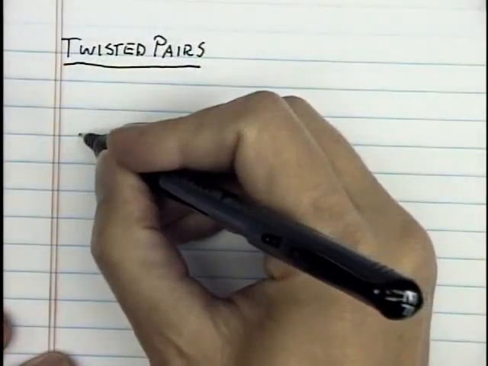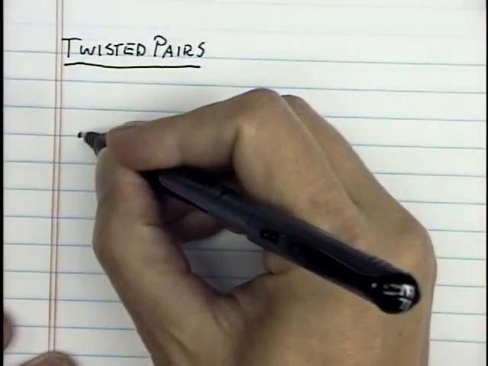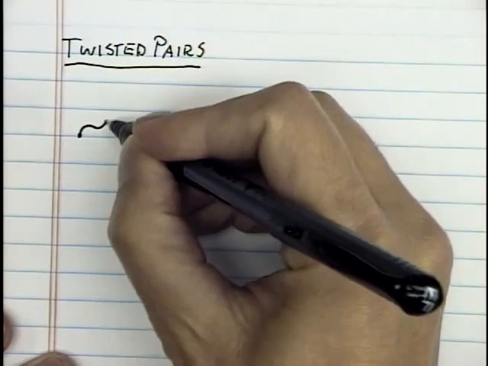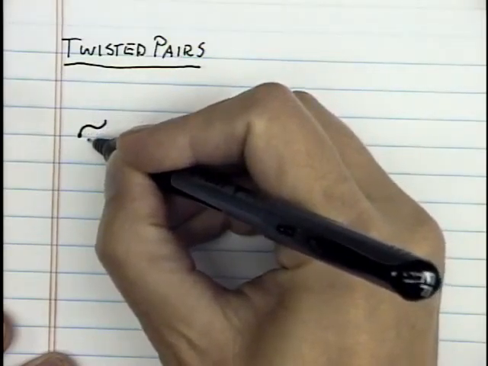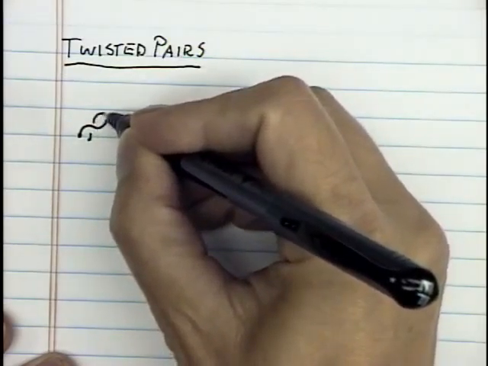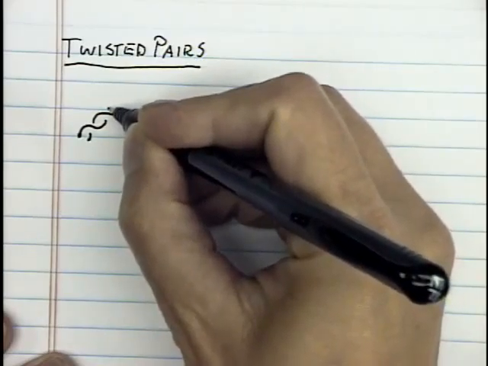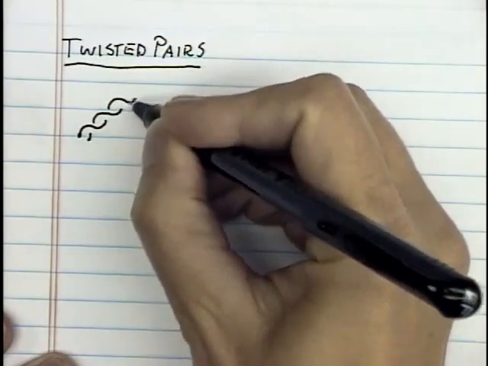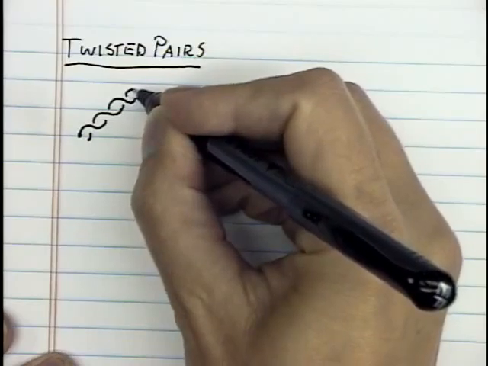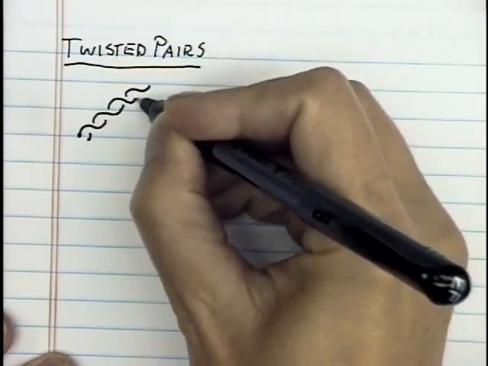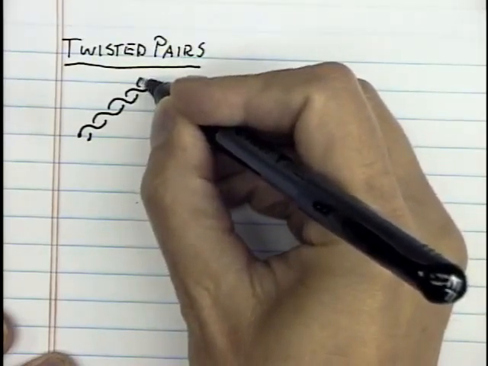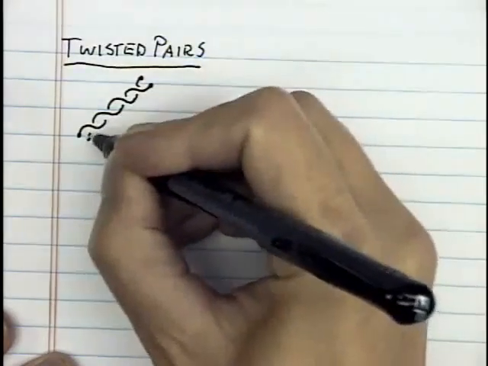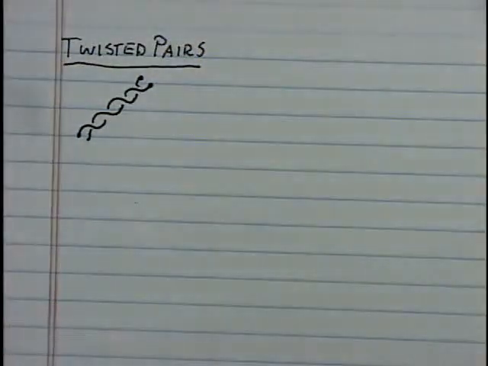The simplest example I could give is somewhat difficult to draw. Something like that. What that's supposed to be is a pair of wires that's just twisted up on itself.